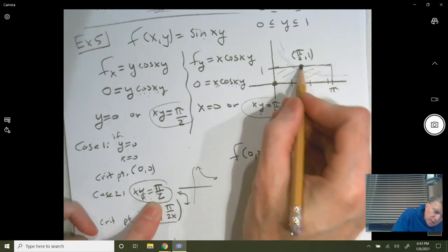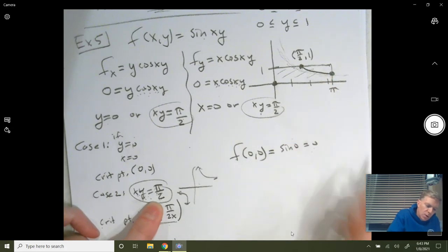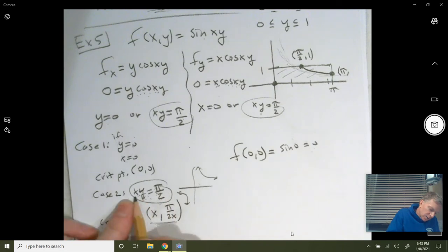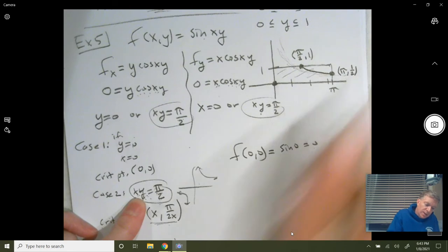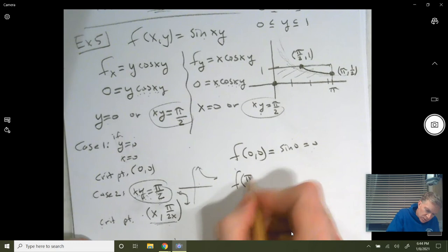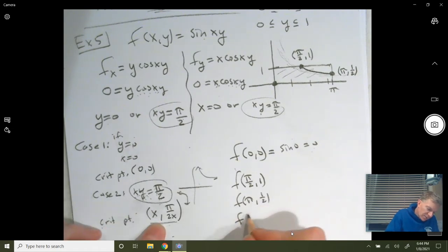And that works because x times y will equal pi over 2. Okay, and then this is going to cross over here somewhere. Where does this cross? Well, we know that x value is pi, and when x is pi, y would have to be 1/2. Okay, and everywhere along this curve, f of pi over 2 comma 1, would be f of pi comma 1 over 2, and it would also be f of your x value, and then your y value would be pi over 2 over x.